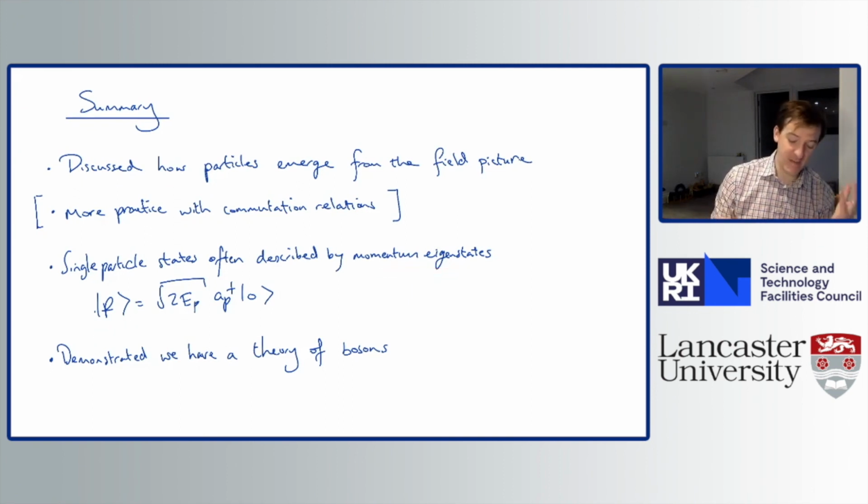For a single particle momentum eigenstate, we have this square root of 2 times the energy factor, which is a convention so that our states are normalized in the Lorentz invariant way, with this factor times the creation operator acting on the vacuum. And the final thing that we were able to show, when we looked at the generalization to 2 particles, is that we actually have a theory of bosons here, because the states are symmetric under the exchange of particles.